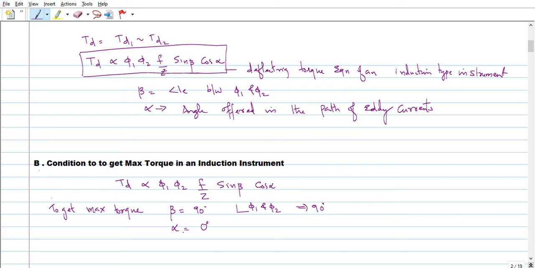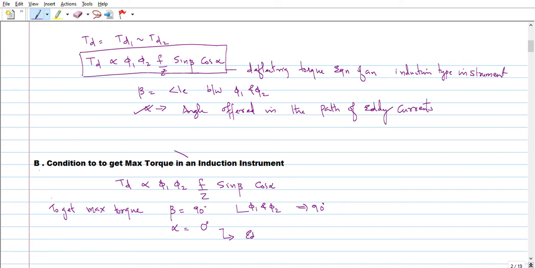Therefore what is the conclusion? If alpha is equal to 0 degrees, what is that? Alpha is the angle offered in the path of the eddy currents. If alpha is equal to 0 degrees, the eddy current path must be resistive. Very important conclusion.